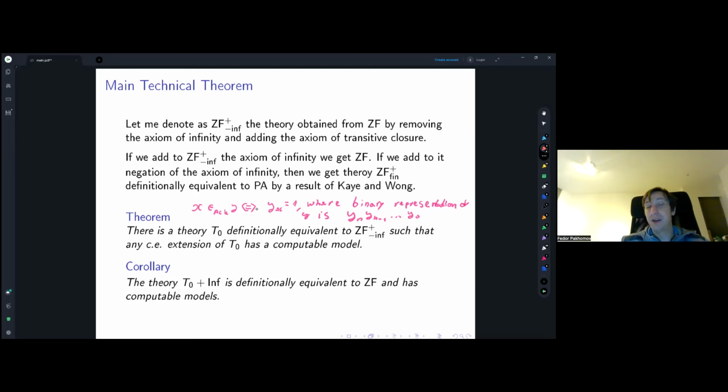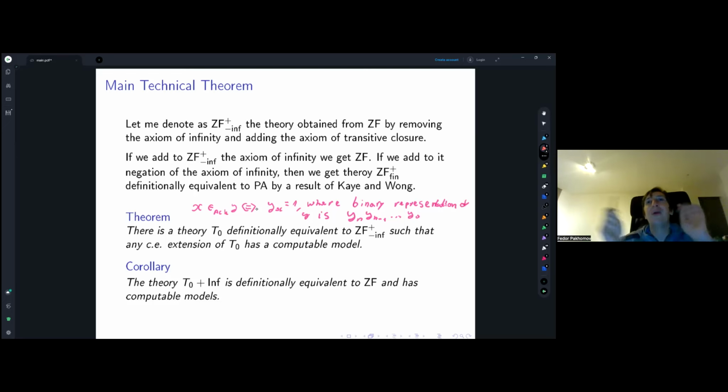In fact, one could show that no theory definitionally equivalent to Peano arithmetic will have computable models for all its arithmetical extensions. It's a quite easy modification of the usual Tennenbaum argument. So one couldn't replace computably enumerable with arithmetical here.